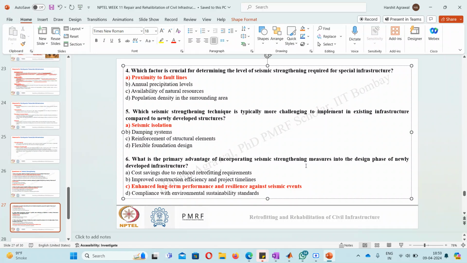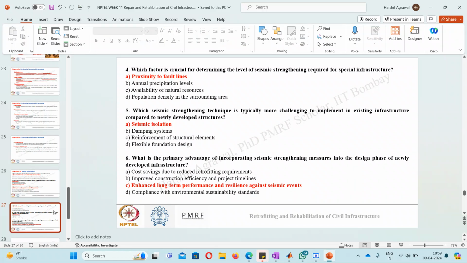If the structure or the locality near the structure has a history of seismic damage, then including these seismic measures initially may seem to be a waste of money, but in the long term they can provide many critical advantages to the structure during seismic events. Okay.